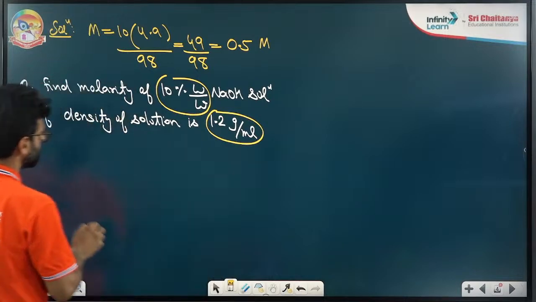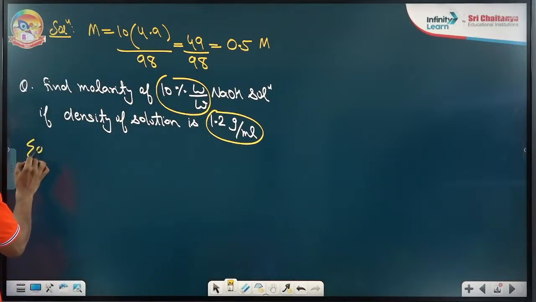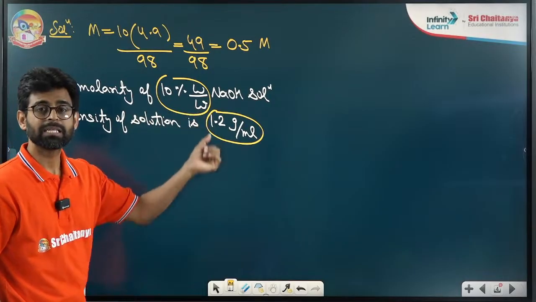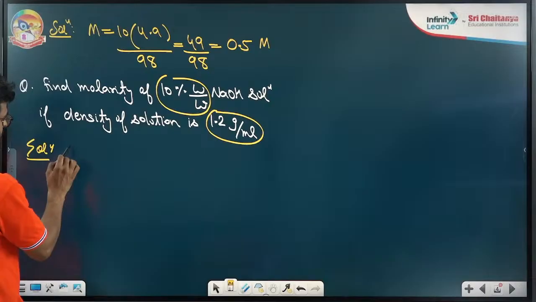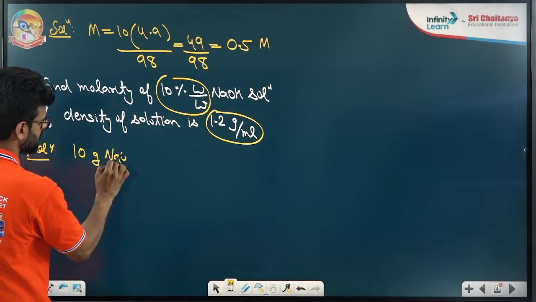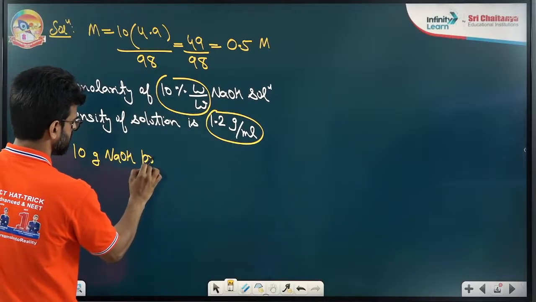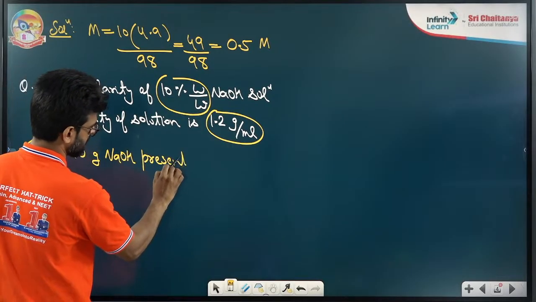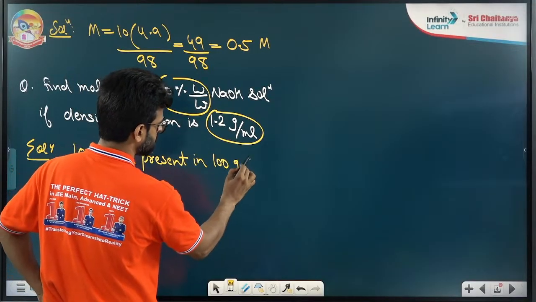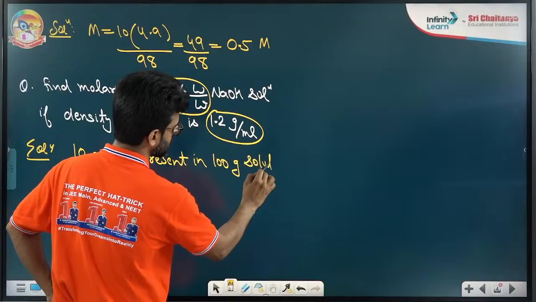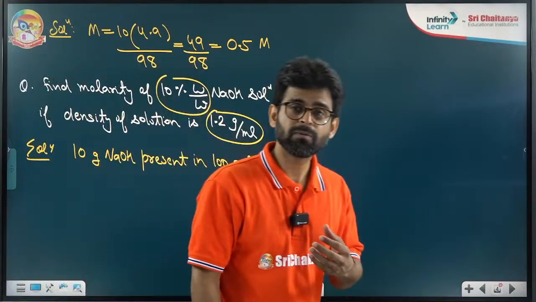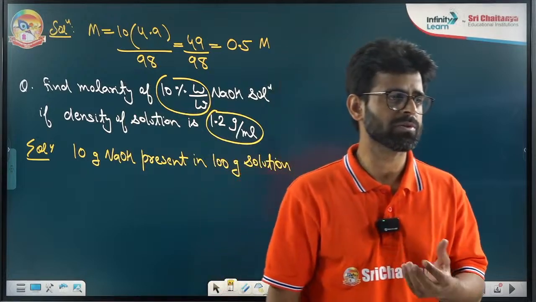The above statement is telling us what? It is 10% weight by weight NaOH solution. It means 10 gram NaOH present in, be careful, in 100 gram solution. This time I am not having the volume of solution, I am having only weight of solution.